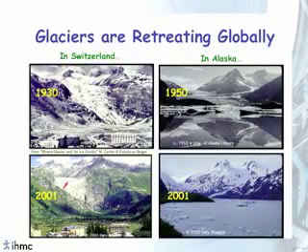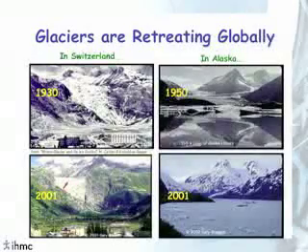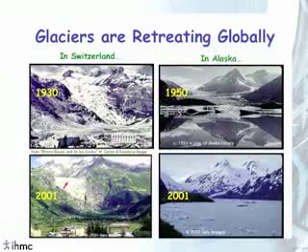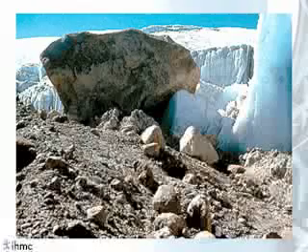Now the glaciers are also melting. Here's Switzerland in 1930, and here's the same scene. And as we go to Alaska, the same sort of picture, the glaciers have melted significantly.